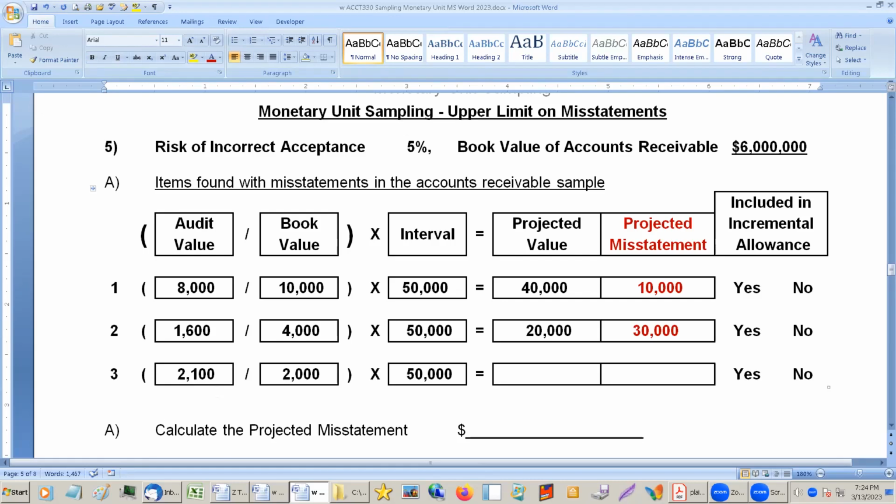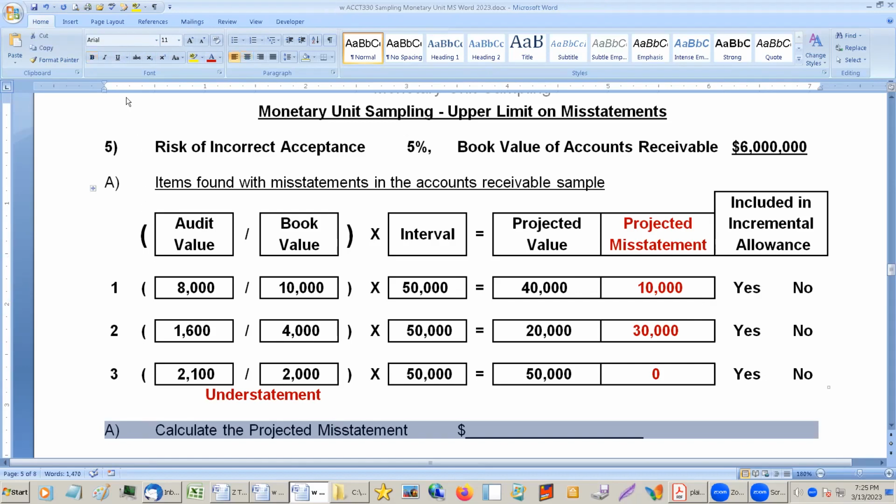It'll be 0. Yep, very good. Yeah, this is an understatement. It's an understatement, so we don't do anything with it. We're saying it's 2,100. They're saying it's 2,000. We're saying that it's understated. We're not looking for understatements, so this is not a misstatement. You don't need to put this in, but it actually isn't a misstatement at all.